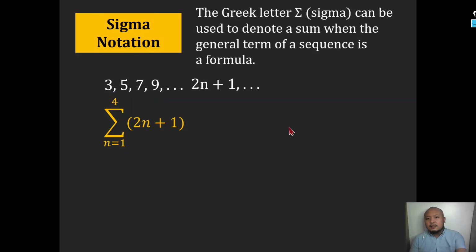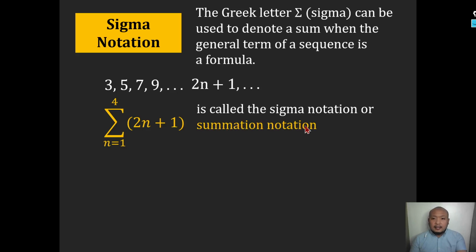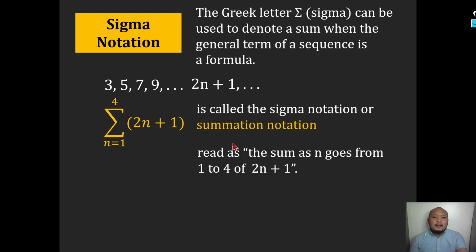Now, some other notes on that. Again, this is called the summation notation, pag gumagamit ka ng Greek letter sigma. And we read this as the sum, dahil yung sigma letter natin, the sum or the summation as n right here, which is called the index of summation, si n. As n goes from 1 to 4 of the quantity 2n plus 1.